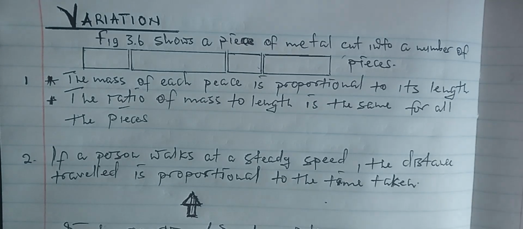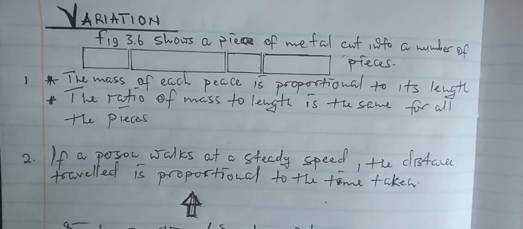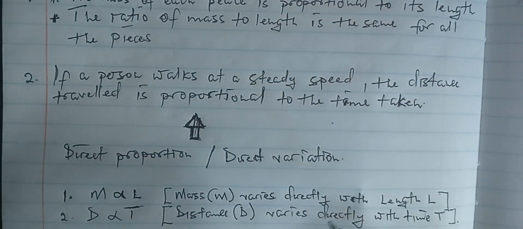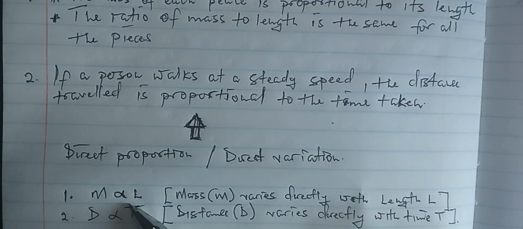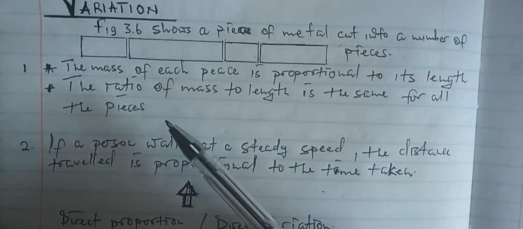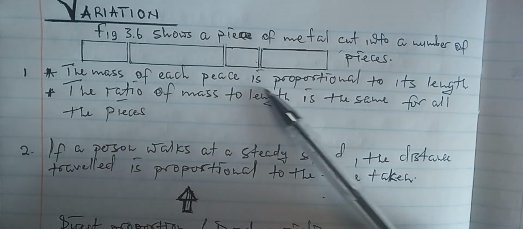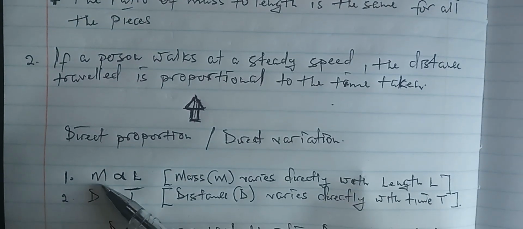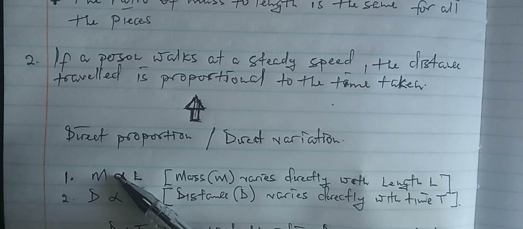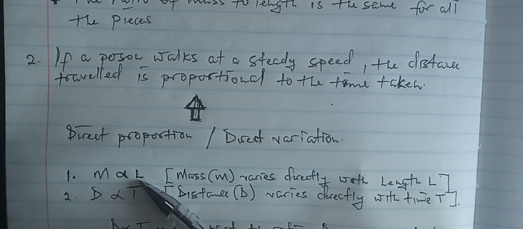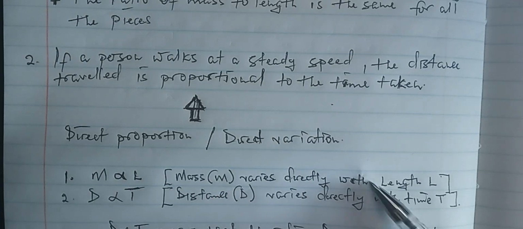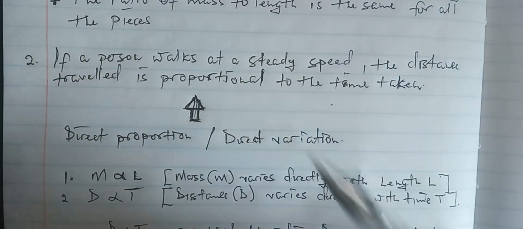So basically, when we are looking at direct variation or proportion, if we look at the first example where the mass of each piece is proportional to its length, this statement can be written in short like M varies directly with L. This simply means the mass varies directly with the length of each and every piece.